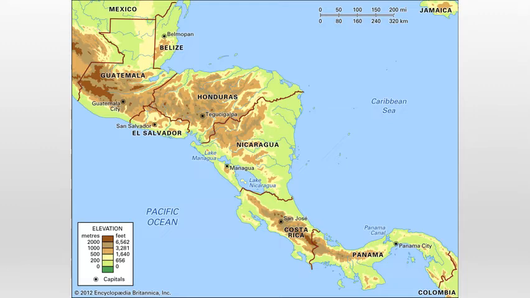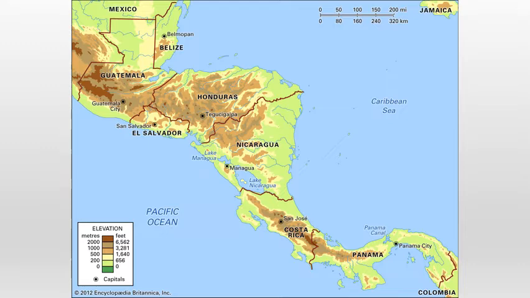Okay, this is called a political map because it has the borders of countries on it and the names of countries, which if you were flying over, there wouldn't be lines on the dirt, right? But it's also a topographical map. A topographical map is a map that shows you elevation, which means height. How tall is the stuff? Or how high above sea level, in feet or meters, does the dry land reach?